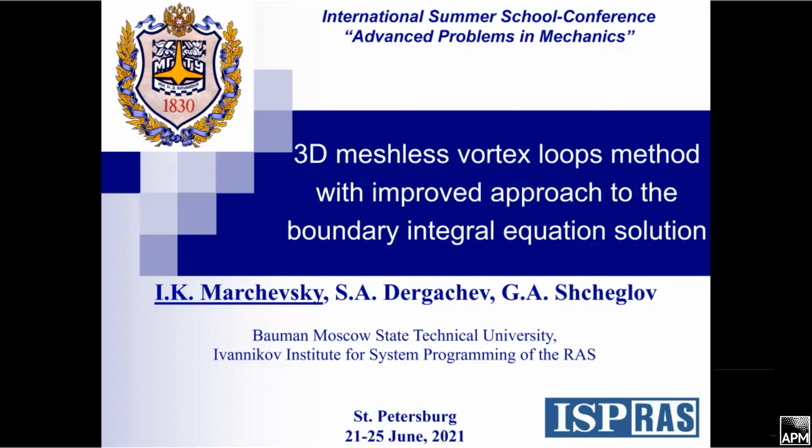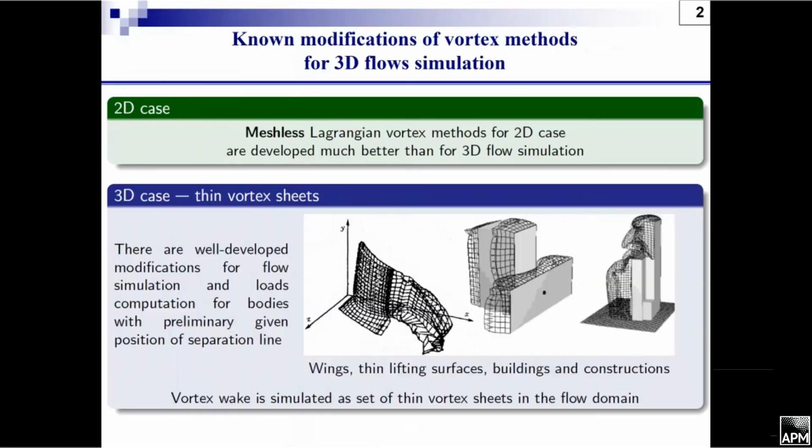Problems of three-dimensional flow simulation are much more complicated, of course, in comparison with two-dimensional approaches. In the two-dimensional case, a lot of problems can be considered, maybe not solved, but investigated very carefully.